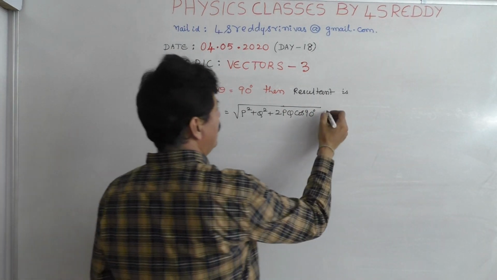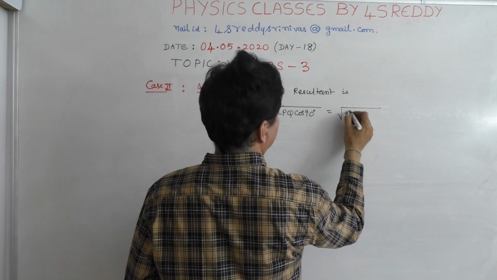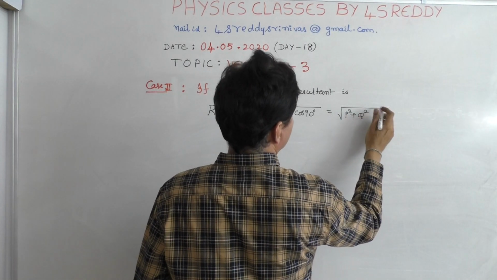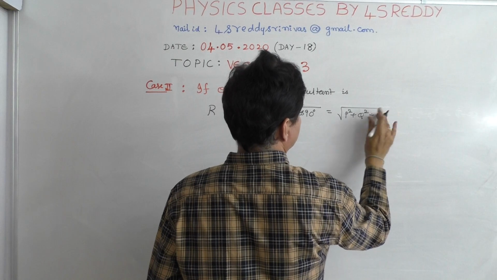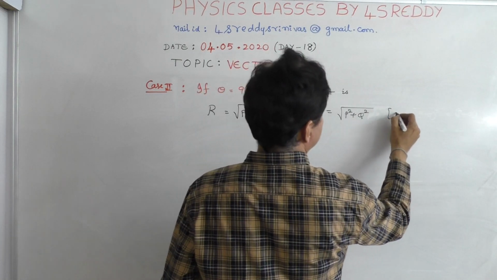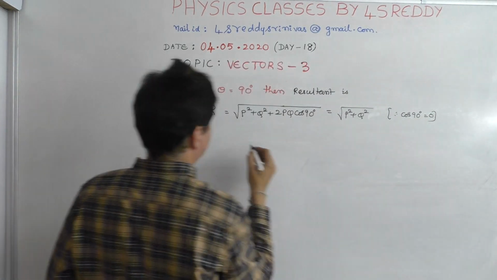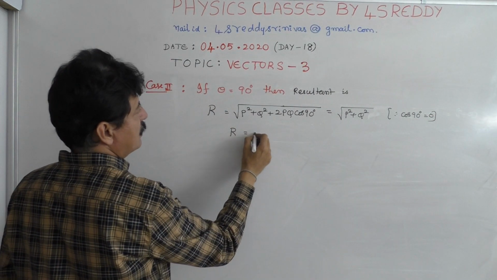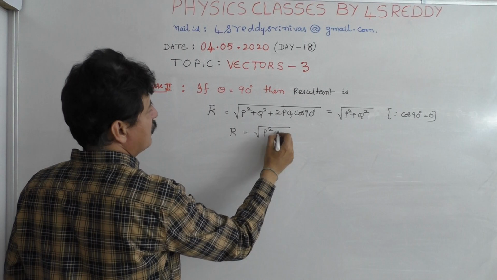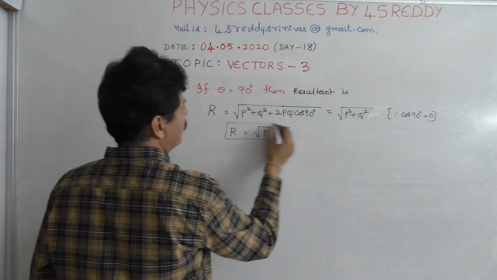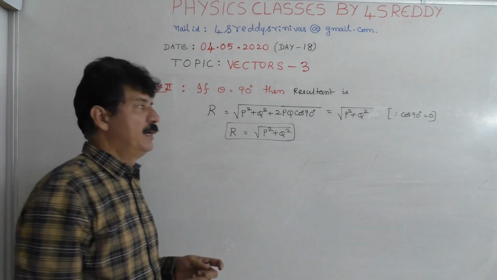But cos 90 value is 0. Because of that, P square plus Q square plus 0, since cos 90 is equal to 0. Therefore, R is equal to root of P square plus Q square if the two vectors are perpendicular.